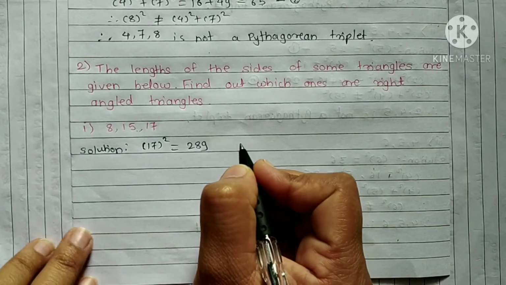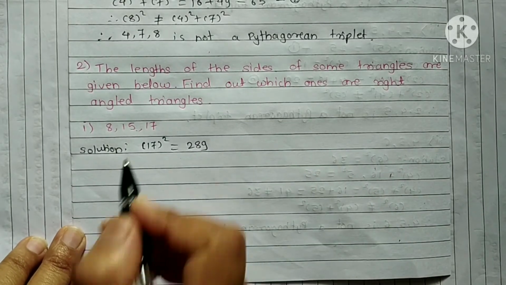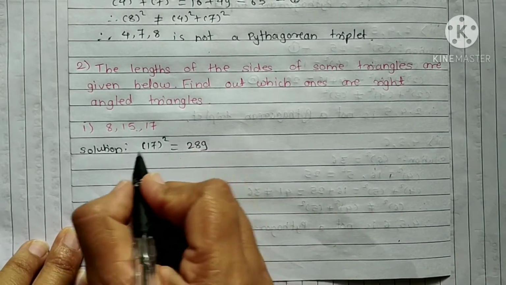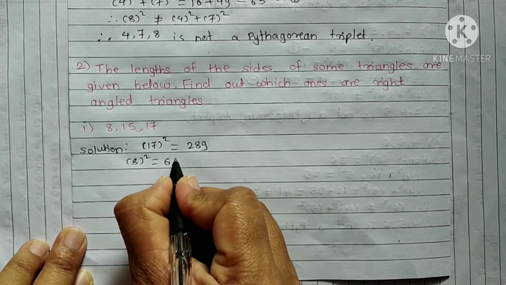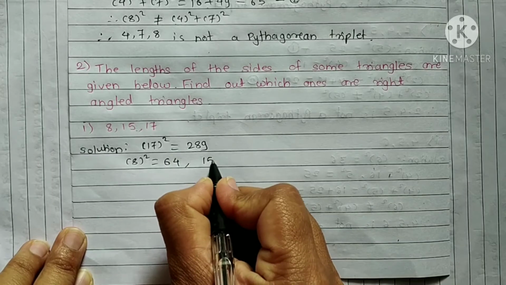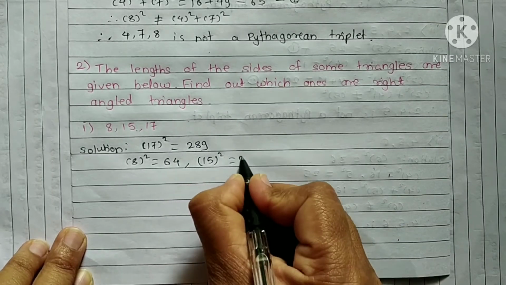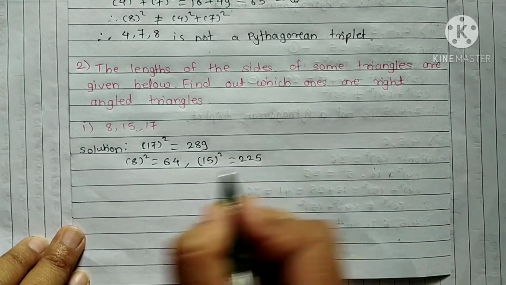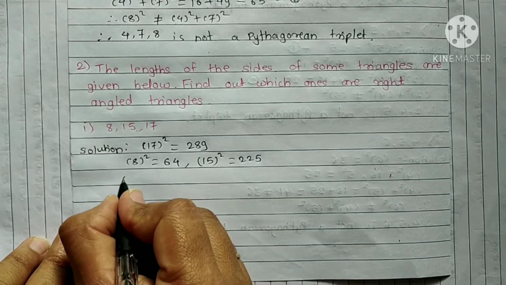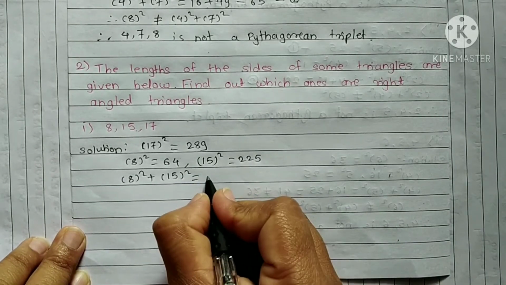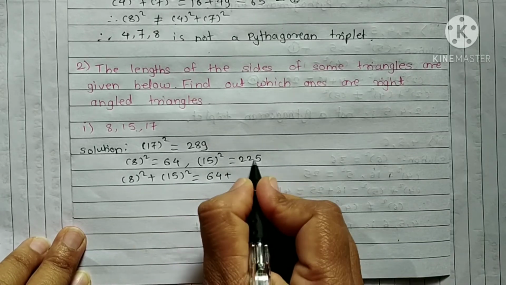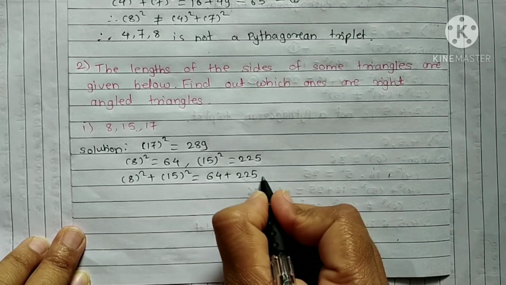Now square the remaining two numbers, that is 8 square. 8 square is 64 and 15 square is 225. Now add these two numbers, that is 8 square plus 15 square, equal to 8 square is 64 plus 15 square is 225.